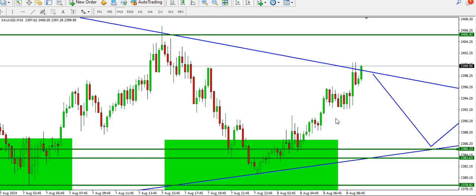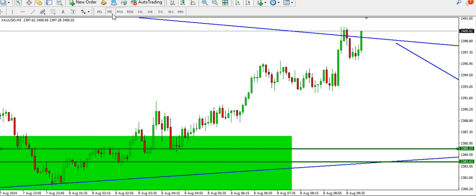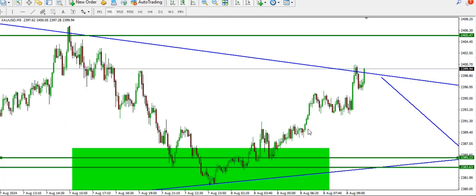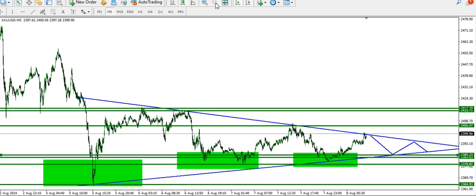On the 5 minutes time frame, price is bullish, in a range, so you might want to look for buying opportunities for gold for now.